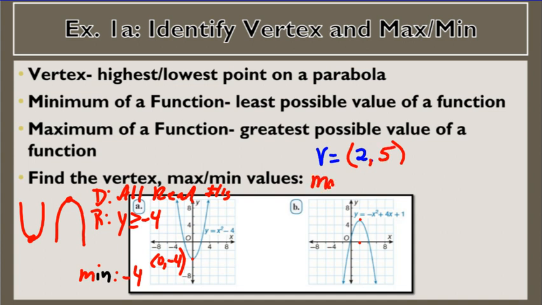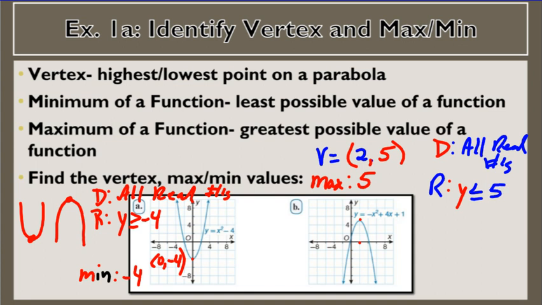This one has a maximum because the vertex is on top. The maximum would be 5. And if we did the domain for this one, again, it's all real numbers. And the range also has a limit. Y has to be less than or equal to the highest point, which is 5.